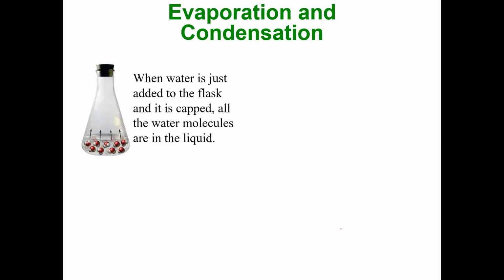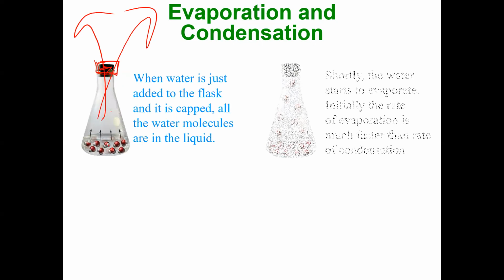Now, if I have an open system, as things vaporize, they'll just escape because they're vapor and they're moving quick and you can't recapture them because they're vaporizing and escaping. But if I take a closed system, so I take water, I put it in an Erlenmeyer flask, but I trap the vapor by capping it, what's going to happen is eventually this liquid is going to evaporate.